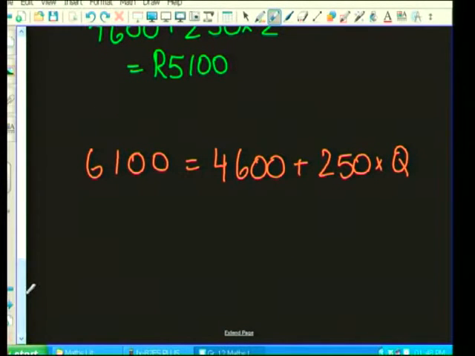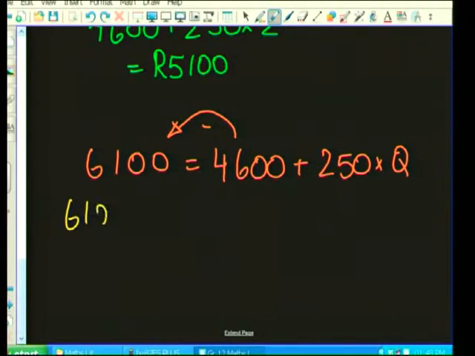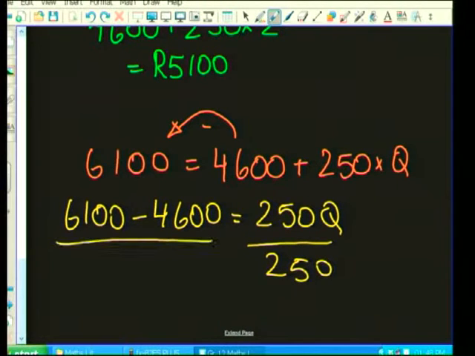So what we need to do is minus the fixed amount first. So let's get a different color and show you. We're going to take our 6,100 minus our fixed, and that's going to be equal to 250Q. And then we're going to divide by 250. But I want to show this in one step further.